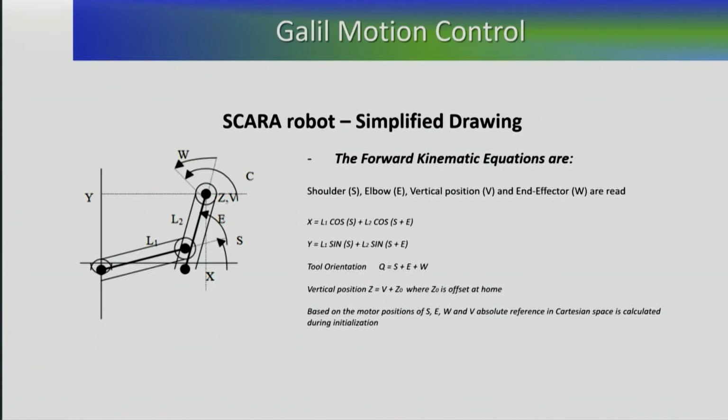So using absolute encoders, one can know the position upon power up, and taking that information, going through the equations, simple trigonometric equations in this particular instance, allow you to calculate and know exactly where the robot lies within your XYZ plane.